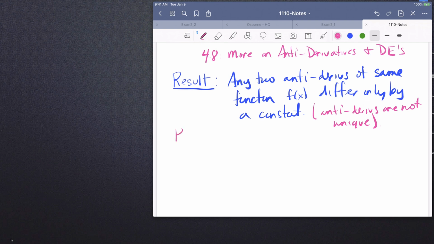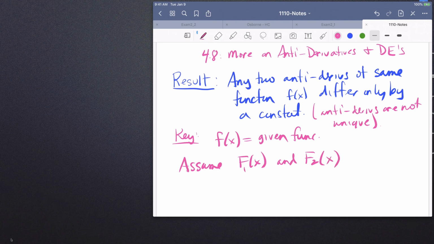So here's the key to this result. Let's say that you're given a function little f of x. Let's assume that you have two antiderivatives of f, big F1 and big F2.